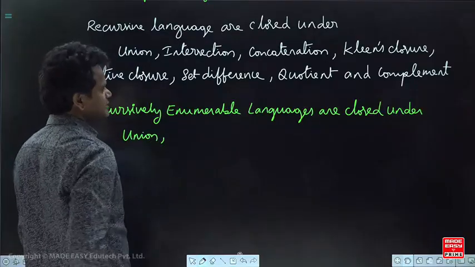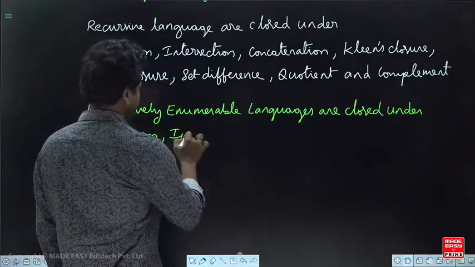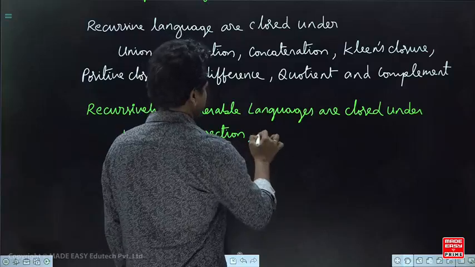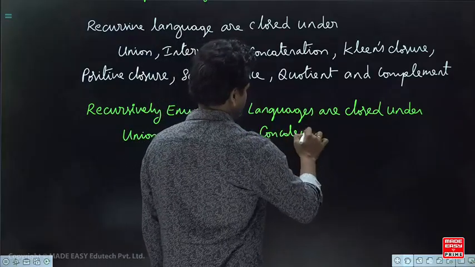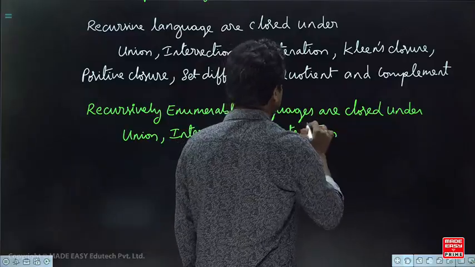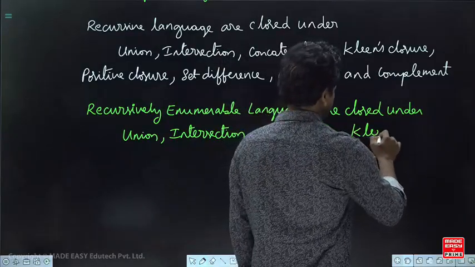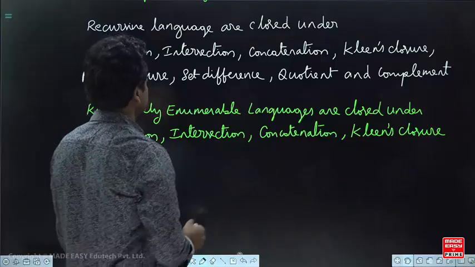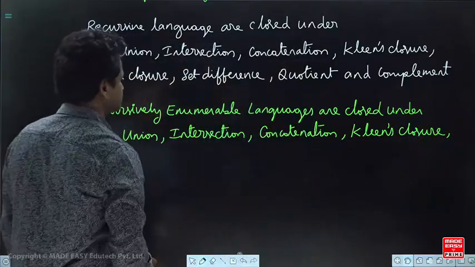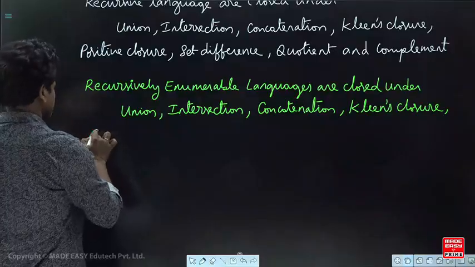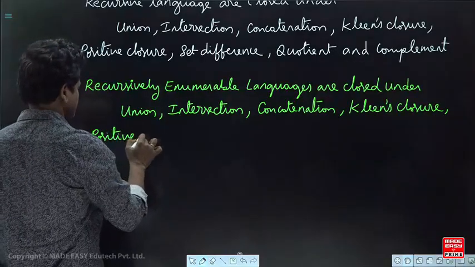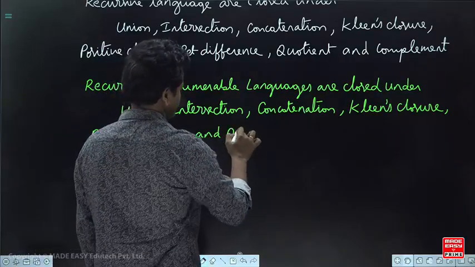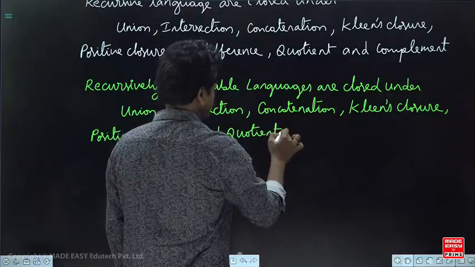Recursively enumerable languages are closed under union, intersection, concatenation, Kleene closure.